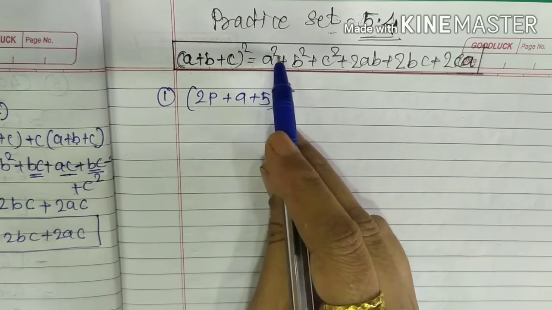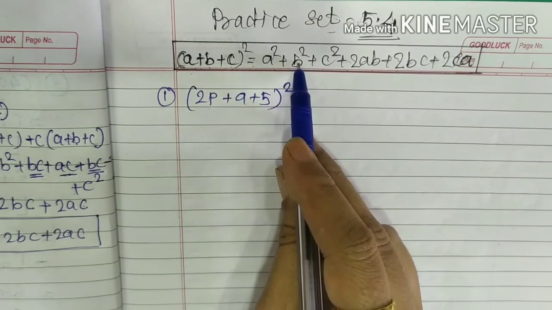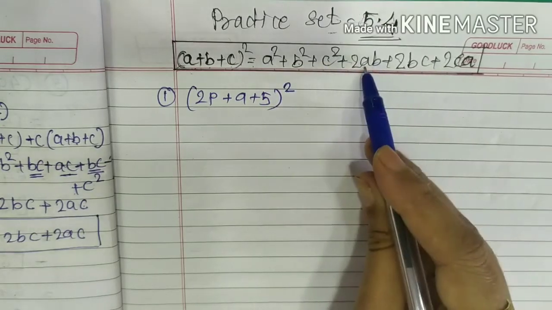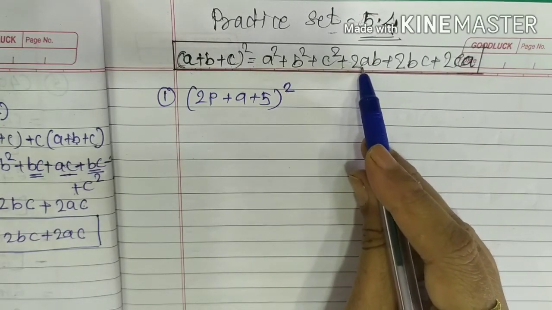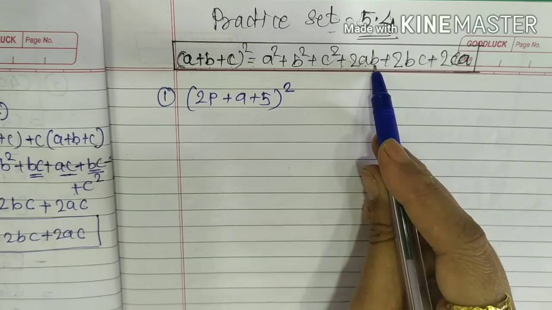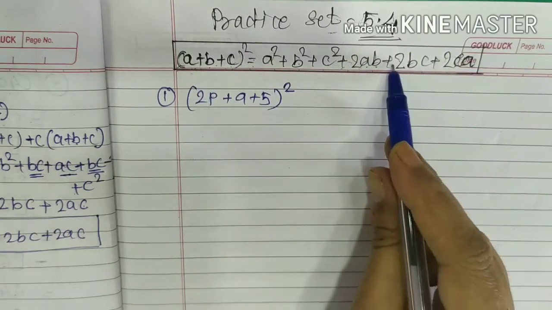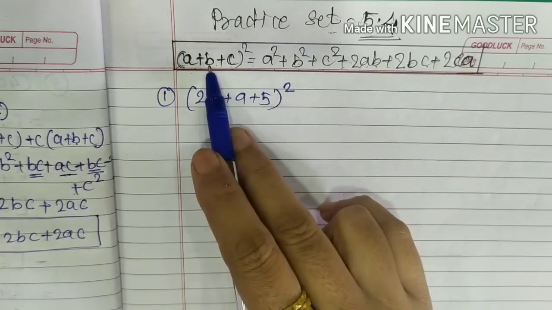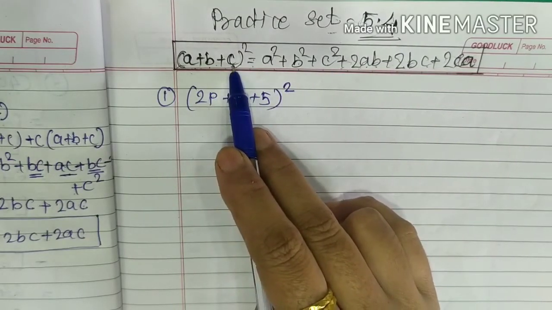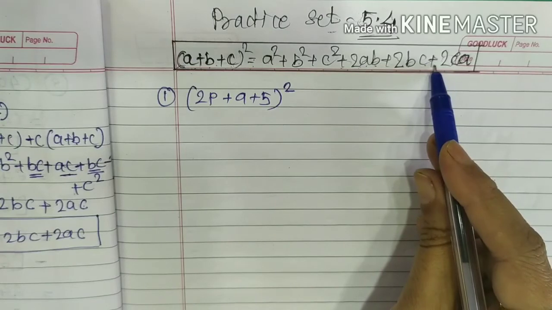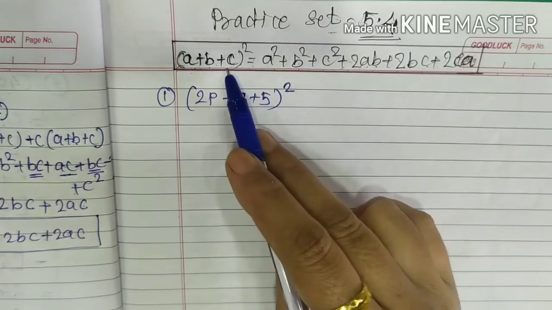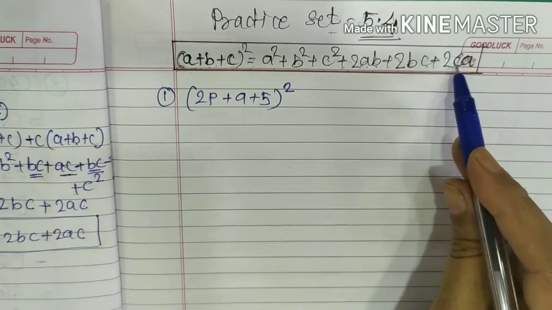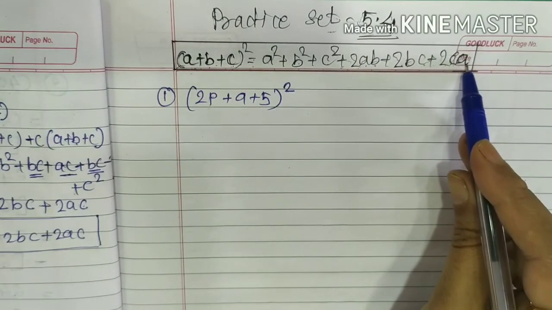There is the square of the first term, then the square of the second term, then the square of the third term. Next, plus 2 into first term into second term, then 2 into second term into third term, and last, plus 2 into third term and first term.